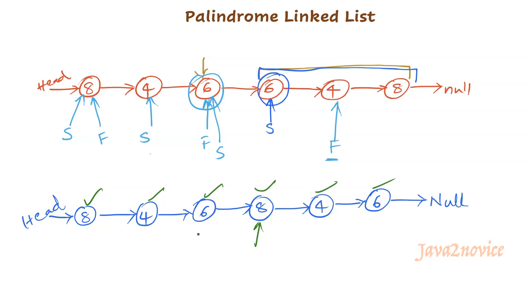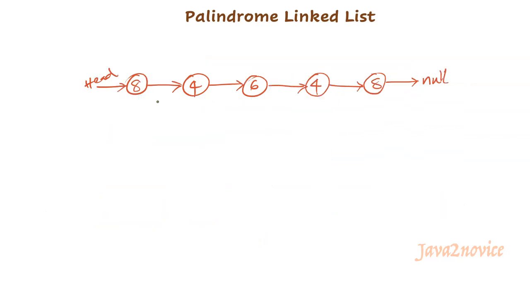How about a linked list with an odd number of nodes? Let's see an example. This linked list has 5 nodes, odd number of nodes. If we use the 2 pointer approach, this will be the mid position. This is slow pointer. We will move slow pointer by 1 step and we will reverse this portion.